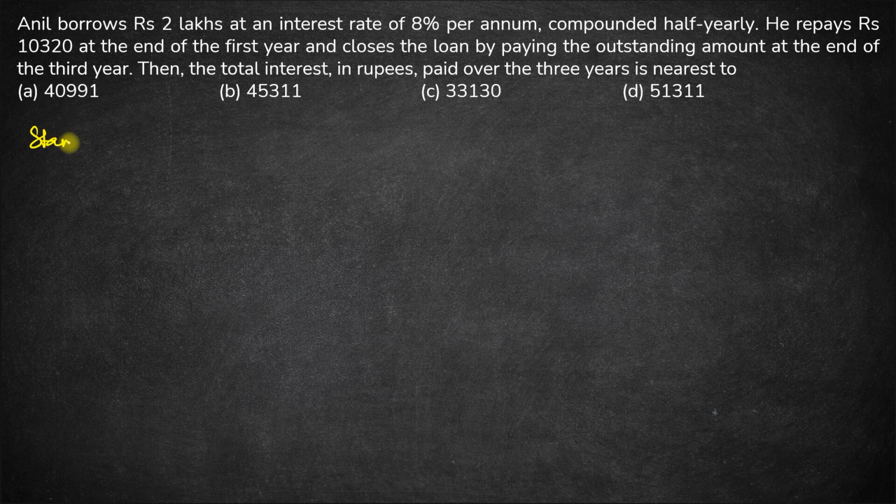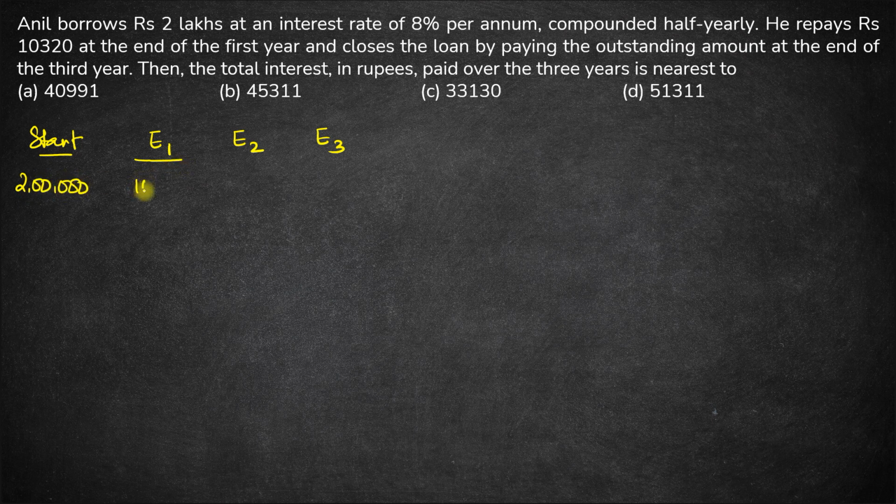So at the start he takes a loan. At the end of first year he pays something, at the end of second year he pays nothing, at the end of third year he pays something. So the amount borrowed is 2 lakh.